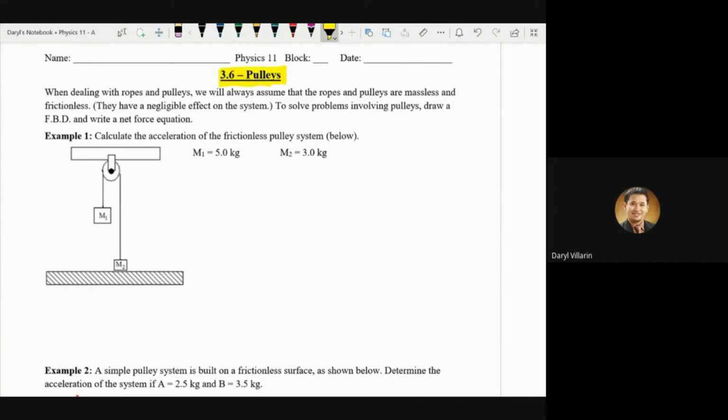Calculate the acceleration of the frictionless pulley system below. We're given that the mass of the first object, this one here, the bigger one, is 5 kilograms. The other one has a mass of 3 kilograms. Okay.